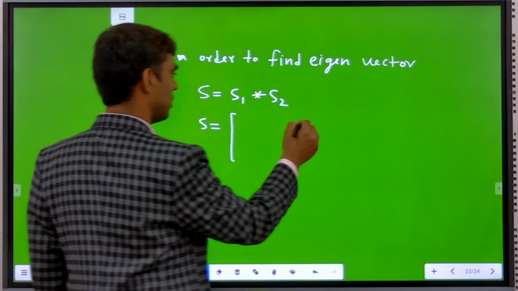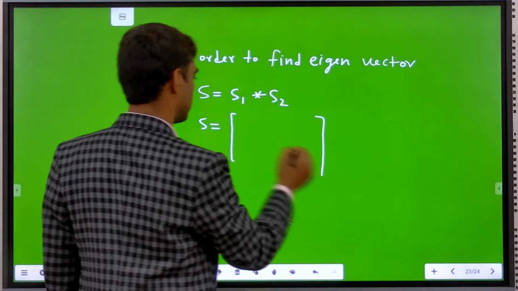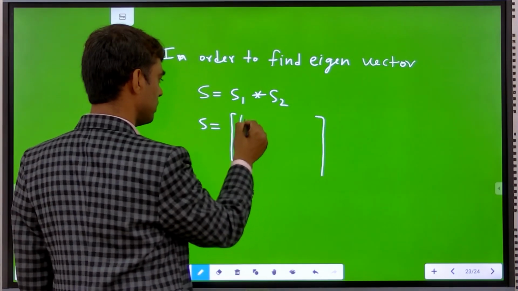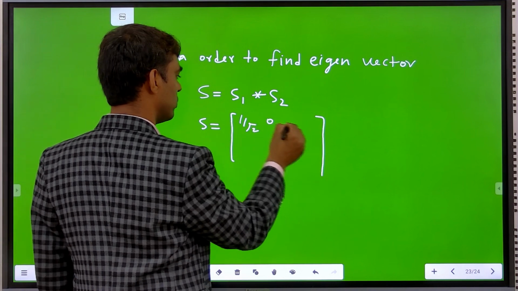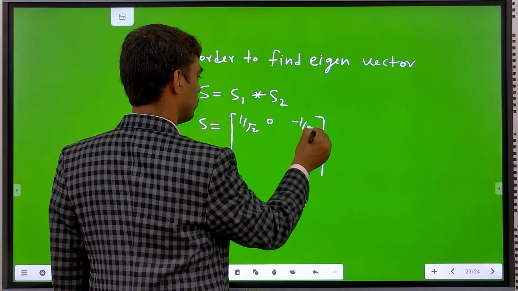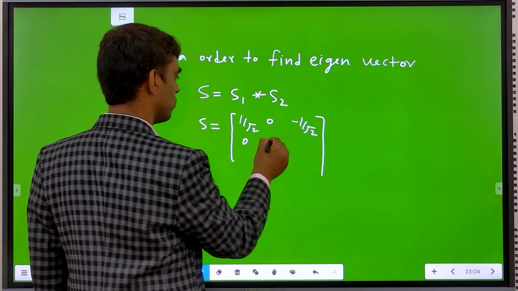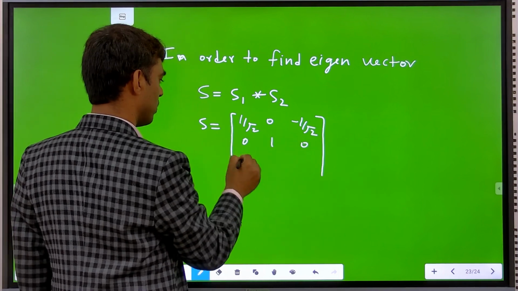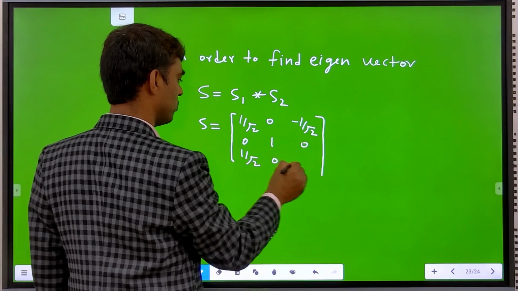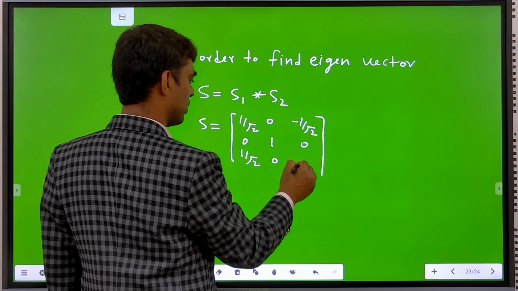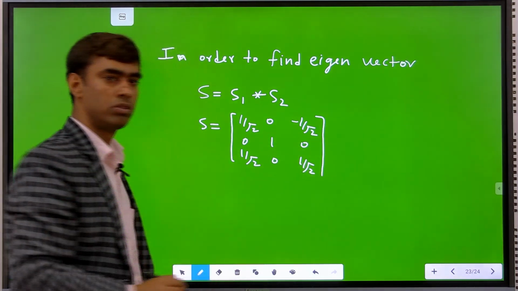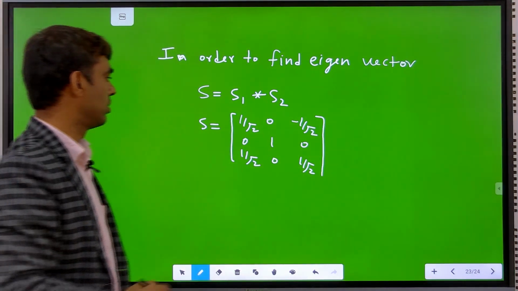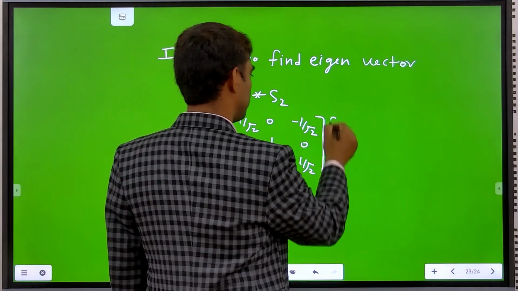S equals, the first transformation is S1, which is 1 by root 2, 0, minus 1 by root 2; 0, 1, 0; 1 by root 2, 0, 1 by root 2. And what is the value of S2?